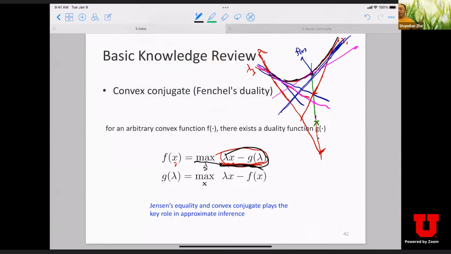So it can be written as a maximum of the tangent line values at x. It also tells us what kind of lambda will give you this maximum: the slope of the tangent line which passes through x and f of x. Any question?